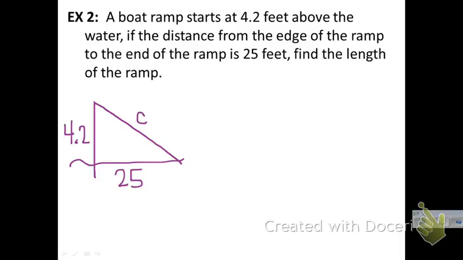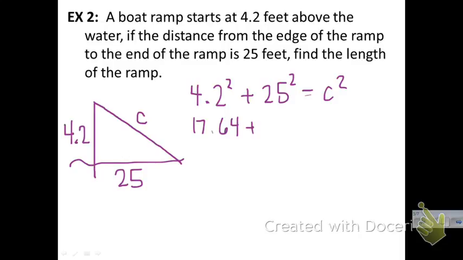So we'll call it C. So we take A squared, 4.2 squared plus B squared, 25 squared equals C squared. So we take 4.2 squared, that gives us 17.64, plus 25 squared is 625, equals C squared.